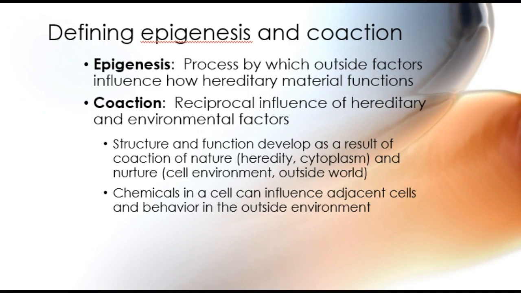Okay? But as you will learn, the chemicals in the cytoplasm of the cell are themselves partly determined by hereditary material in the chromosomes. These chemicals can move beyond a cell to influence adjacent cells and ultimately influence behavior in the outside environment.